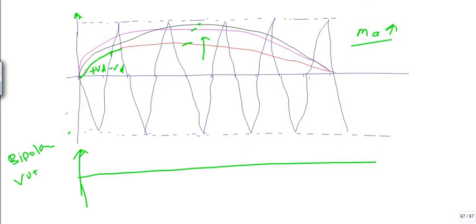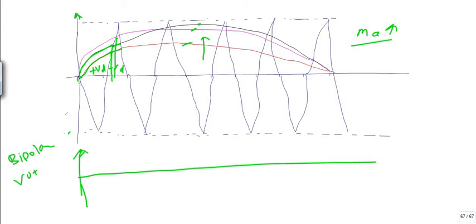As we keep on increasing the amplitude of the control signal, plus VD keeps on increasing, and at the same time minus VD keeps on reducing. In the first case plus VD is from here to here. In the second case plus VD will be from this point to this point, and in the third case it will be less than the previous one.